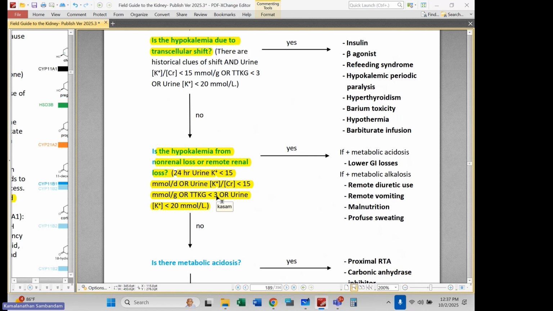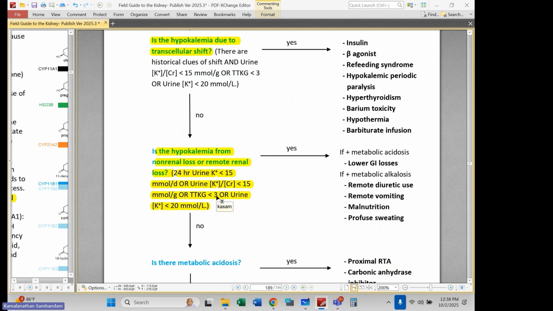So you may have some obligatory K loss, even if there is a non-renal cause of hypokalemia.